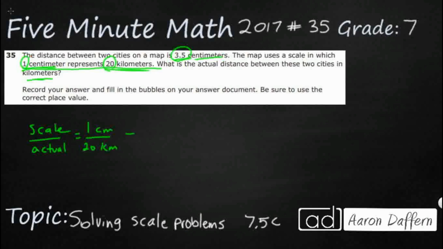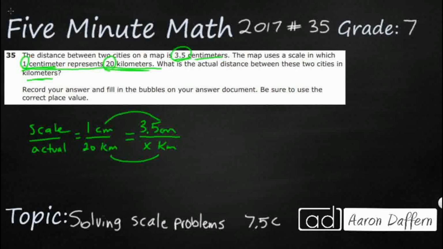Then we just need to match up the units. And so we say on the map, it is 3.5 centimeters. And so let's make that centimeters. There we go. We need to just match that up with X kilometers. That's what we're looking for. So we're matching up centimeters with centimeters, kilometers with kilometers.